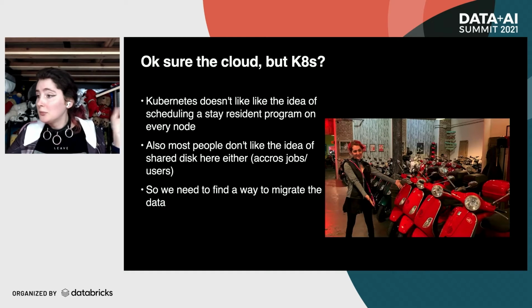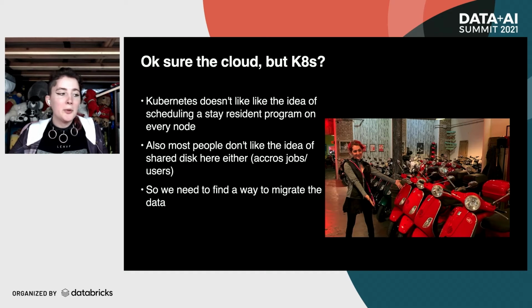Okay, so let's say that makes sense for the cloud, but what about Kubernetes? Surely, if we were deploying Kubernetes on-prem, we wouldn't have to worry about this. And it turns out that even if we're deploying Kubernetes on-prem and we're not using spot instances, we do have to worry about this. That's because Kubernetes isn't super down with the idea of a stay resident program on every node that serves files.